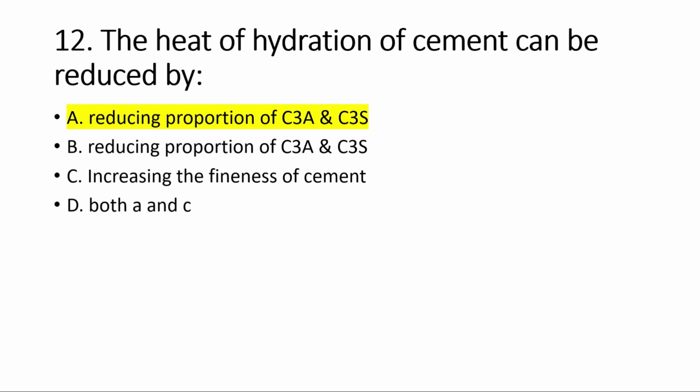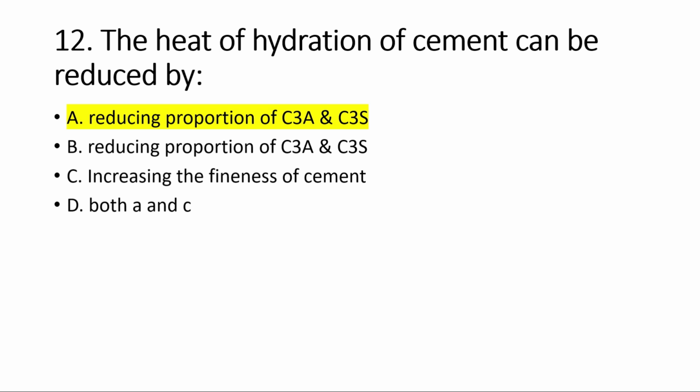The heat of hydration of cement can be reduced by reducing the proportion of C3A, that is tricalcium aluminate, and tricalcium silicate, and by increasing the dicalcium silicate. So the heat of hydration can be reduced by reducing C3A and C3S, and also increasing the content of C2S.